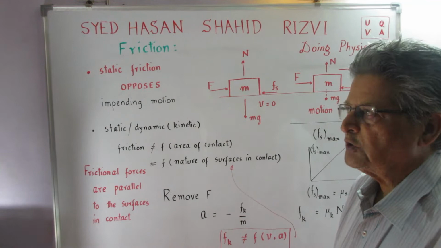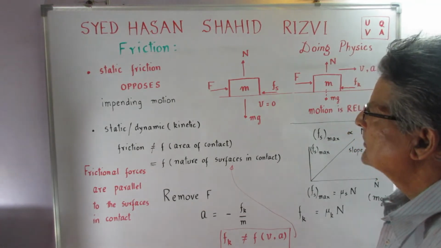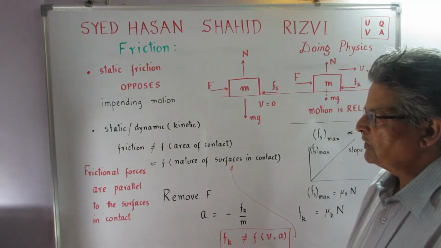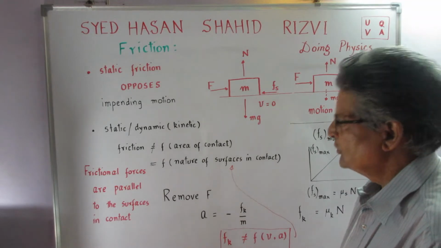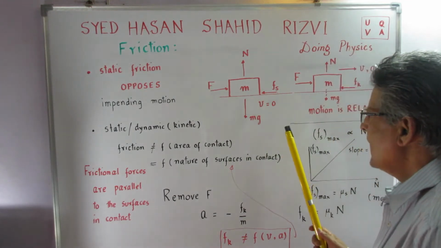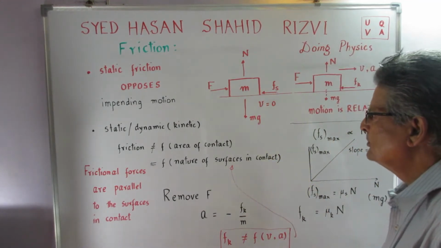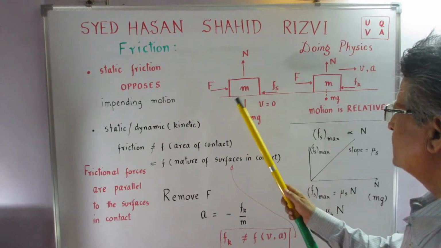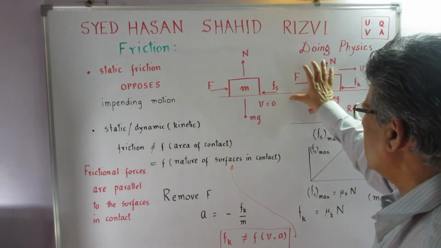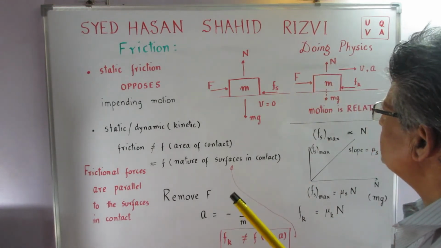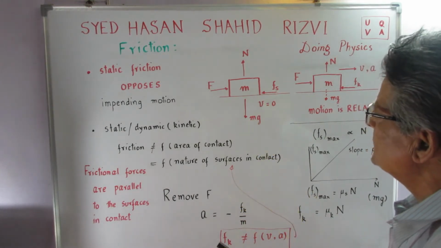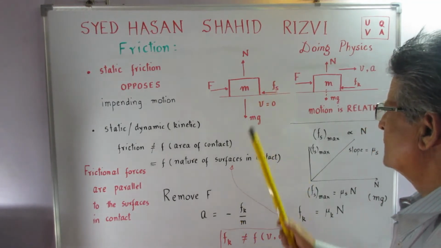But to introduce it in a subtle way, I will go for static friction, which opposes impending motion. How come? I take a block, maybe a book, of mass m, placed over a rigid horizontal surface, and here I show that this mass is kept on this surface, and there are a pair of forces.